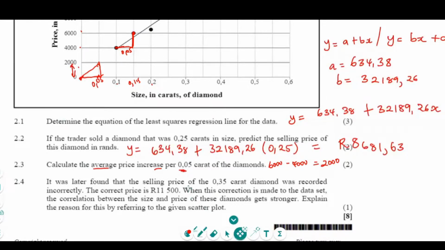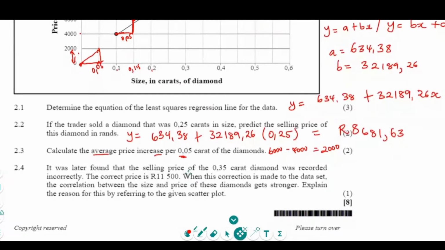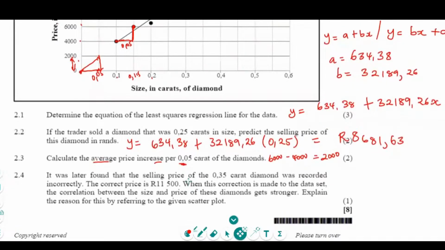Okay, then 2.4. They are telling us that it was later found that the selling price of the 0.35 was recorded incorrectly. The correct price was 11,500. When this correction is made to the data set, the correlation between the size and the price gets stronger. Why?